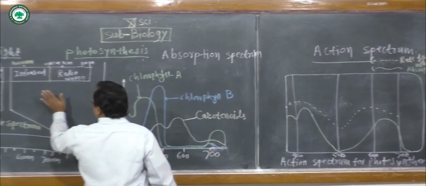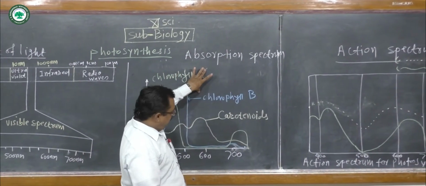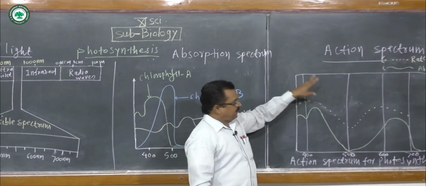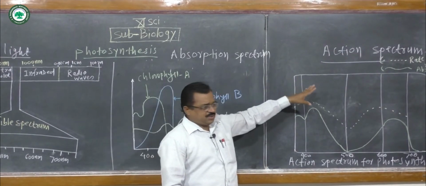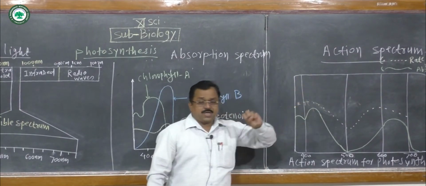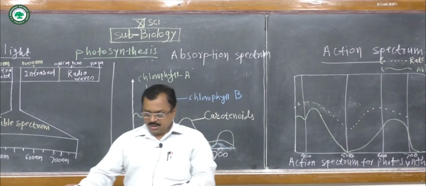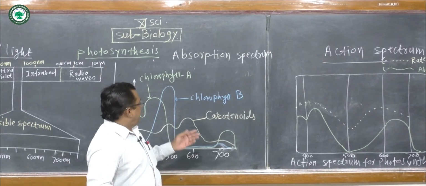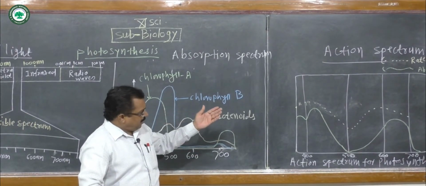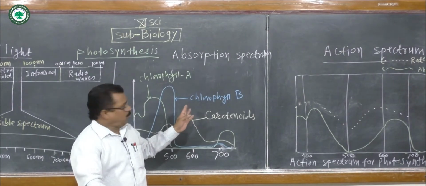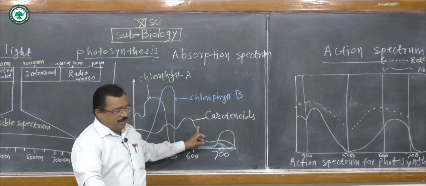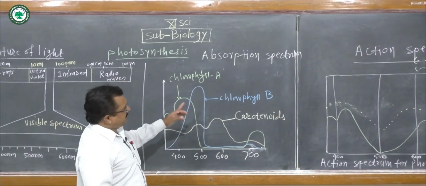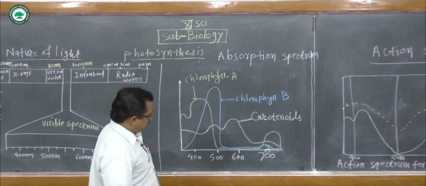Okay, here: nature of light, then the absorption spectrum, where the light is absorbed, and the action spectrum, showing in which absorbed light photosynthesis occurs and how much, that is in red light, blue light, orange light, etc., in chlorophyll A, chlorophyll B, and carotenoids. Okay, that is about the absorption spectrum and action spectrum.